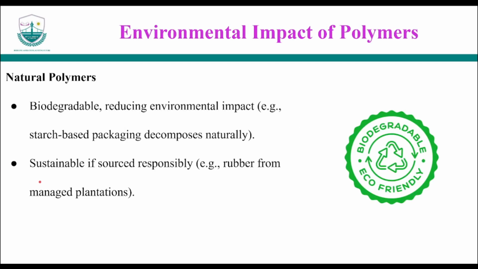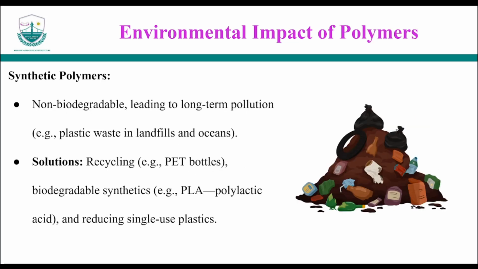We repeat the same message that we passed in the first lesson, that natural polymers are biodegradable, and that means they are environmentally friendly. They do not cause environmental pollution. Whereas synthetic polymers are non-biodegradable and they result in pollution.